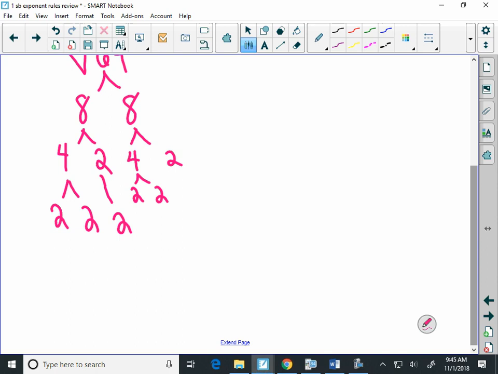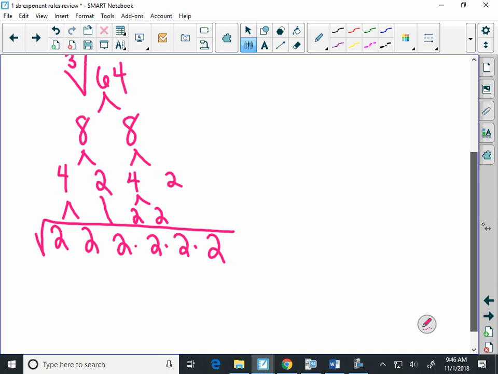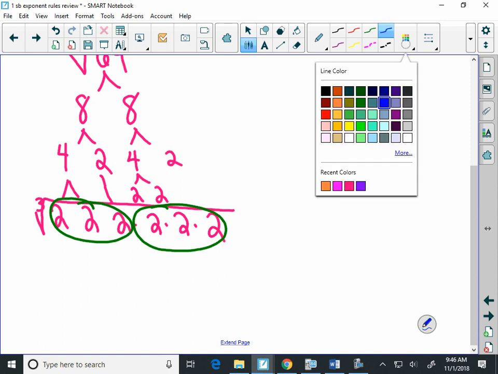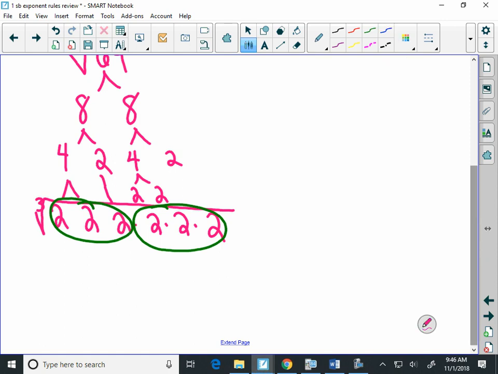If we write these 3 down with our other 3, once again what we're looking for is 3 of the same value, and 3 of the same value gives us this, and 3 of the same value gives us that. When 3 are the same value, we can take out a 2. 3 more of the same value, we can take out another 2. And 2 times 2 is 4.